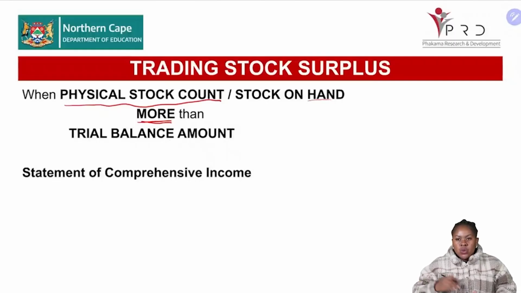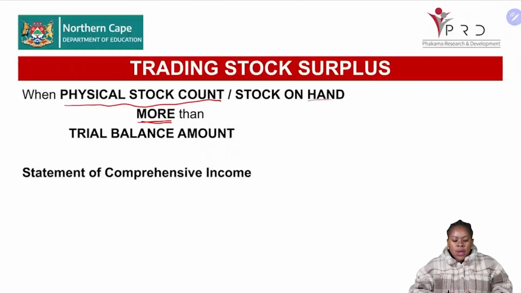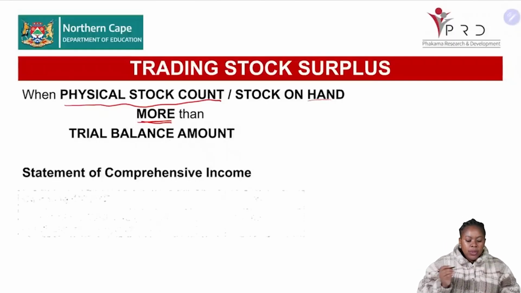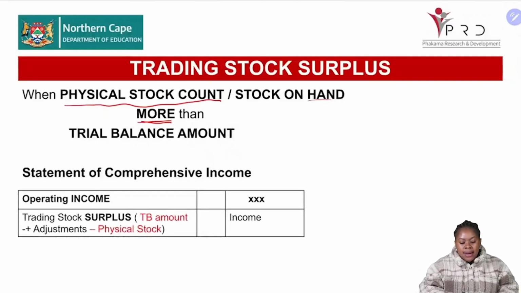But when you went into the storeroom and you actually did a physical count, you counted the stock 1, 2, 3, 4, 5, and you discovered that the stock is actually worth 120. So the amount of physical stock is more than what we have recorded. So then how do we account for that extra 20? That extra 20 is an income that we are receiving now in our business because we have more than we actually had recorded. Okay, then how do I record this in my income statement?